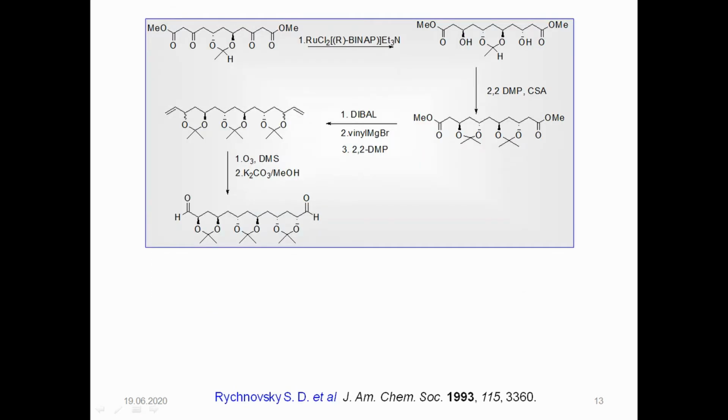You see here this step is very important to us. First we are doing ozonolysis, and we are getting the aldehyde. At this center, the center is in racemic form.